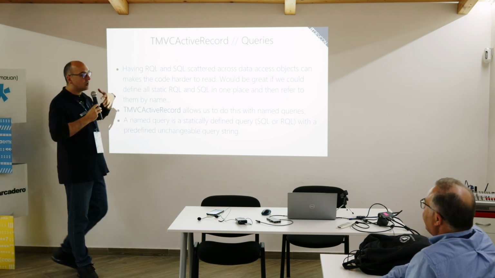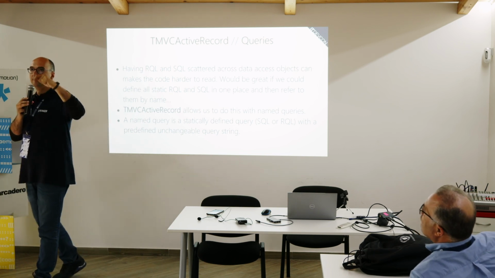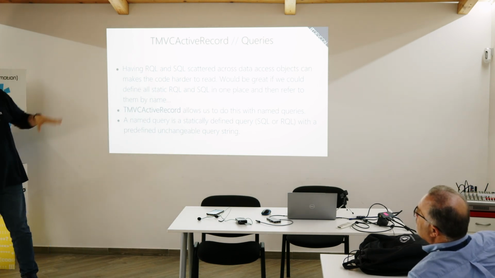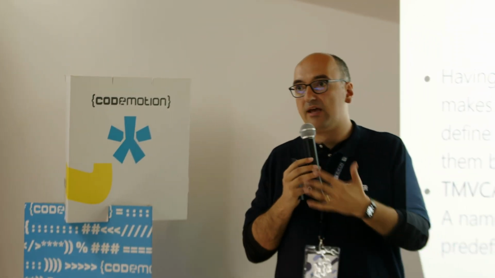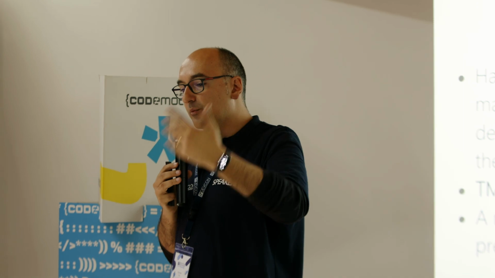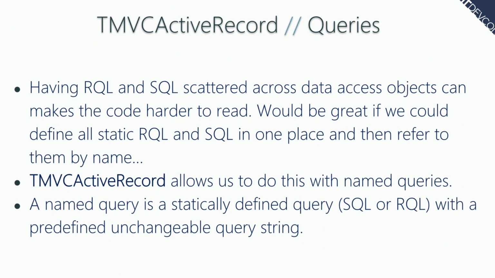Usually you can do something with a good level of discipline to put everything in the right place. But if DMVC record could have an automatic approach to do things in a clear manner, it would be better. Starting from this thinking, DMVC record allows us to do this with named queries.